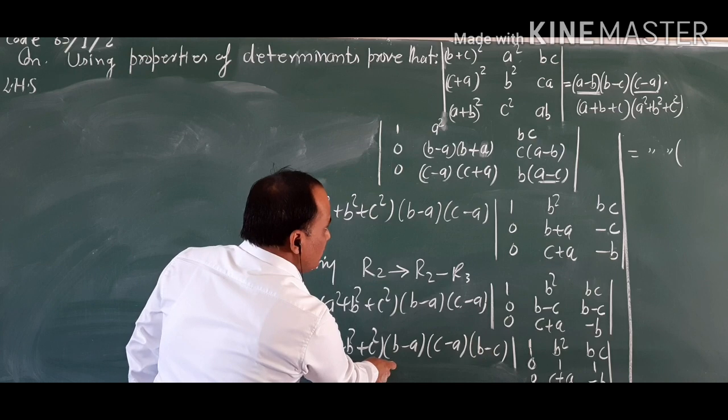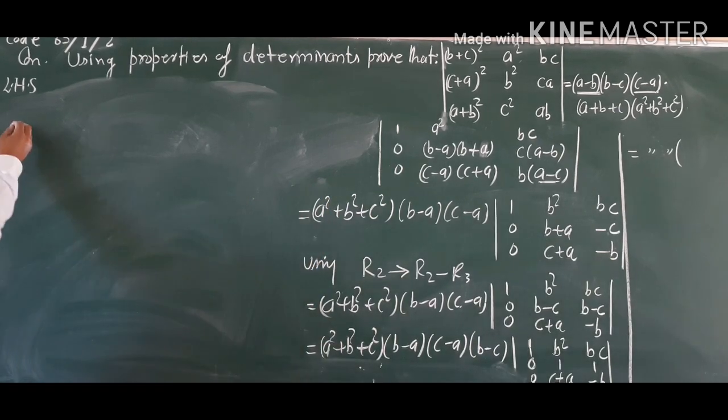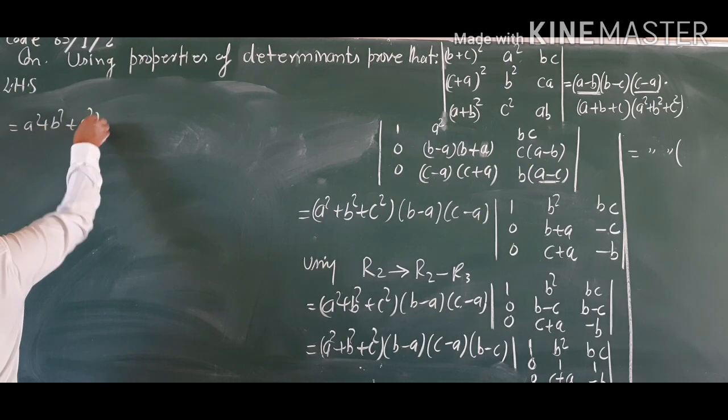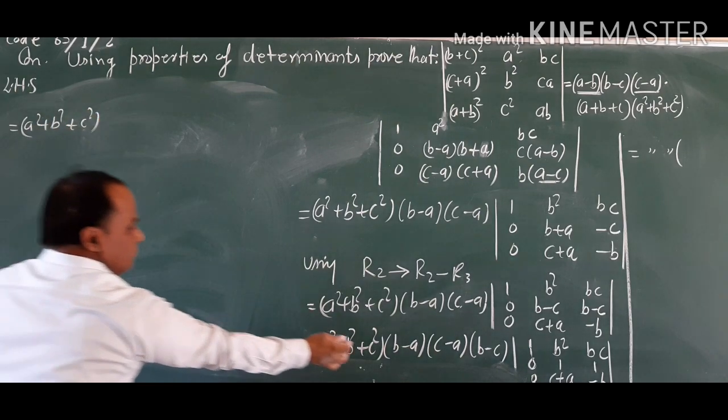When we split, after that we look ahead here. a square, b square, c square, and in the next bracket we have b minus a.